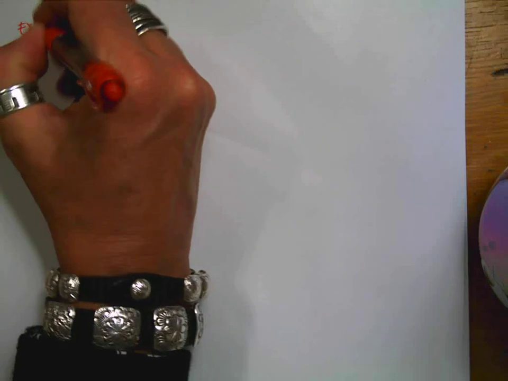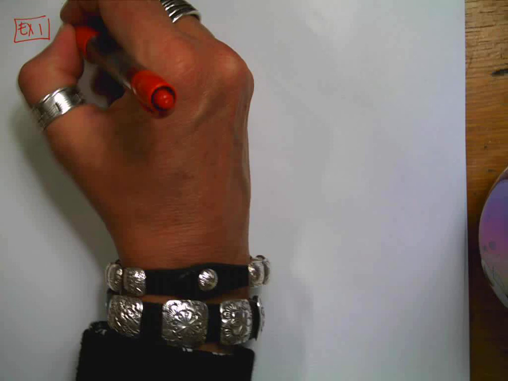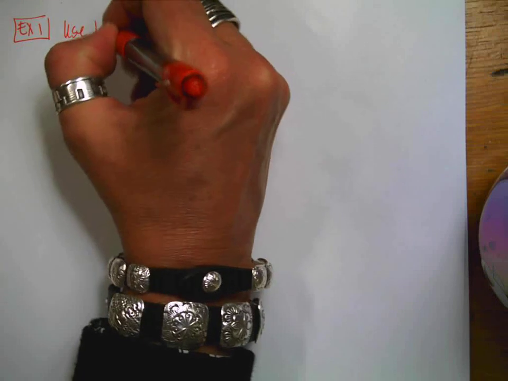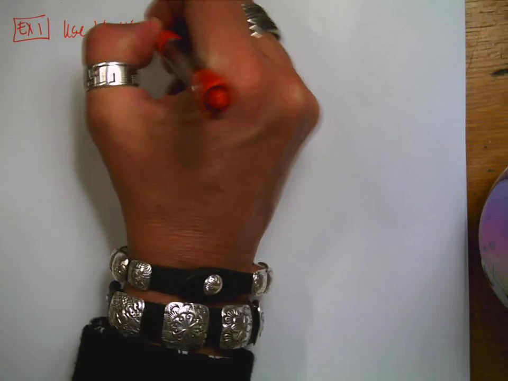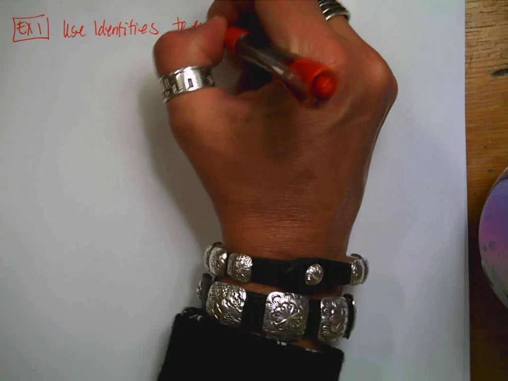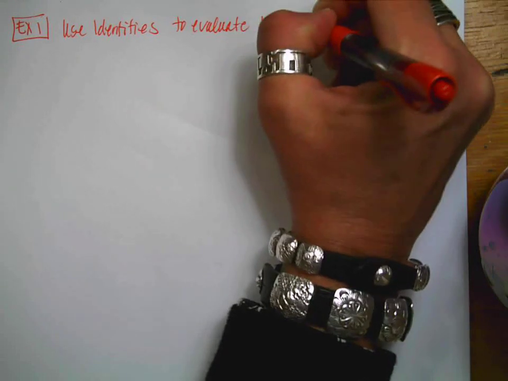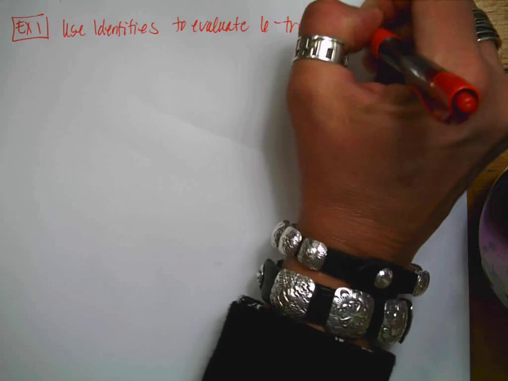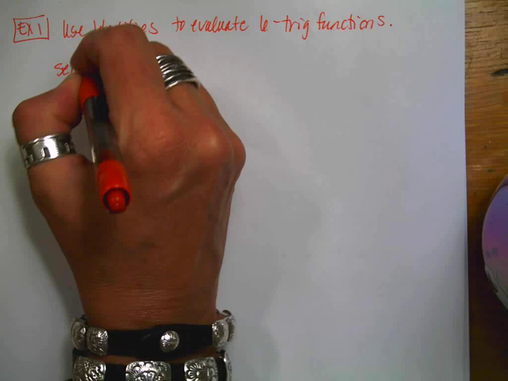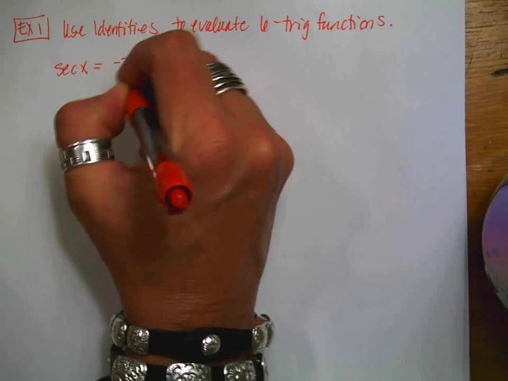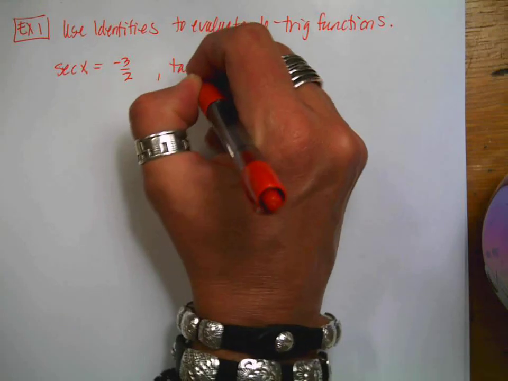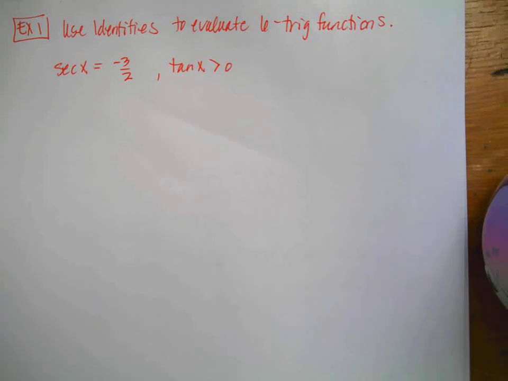So for example number 1, I want to use the identities to evaluate the 6 trig functions, and we're going to be given that the secant of x is equal to negative 3 over 2 and tangent is positive.